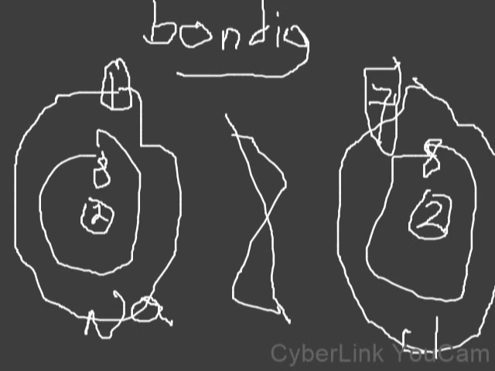So what happened is this sodium gives this electron to Miss Chlorine, and then this 1 electron now comes here. This becomes 8. This becomes octet. This becomes octet.